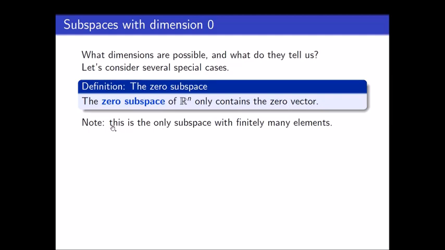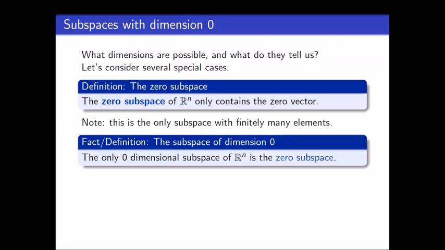Note that this is the only subspace with finitely many elements. If you have a subspace which has any other element other than the zero vector, then by closure under scalar multiplication, you're going to have infinitely many elements.